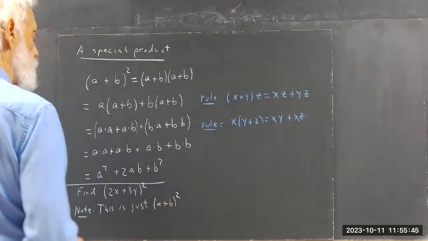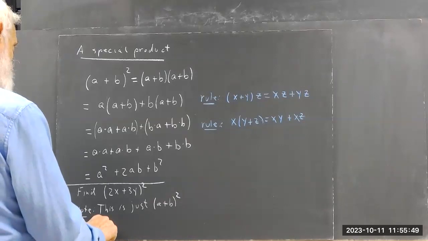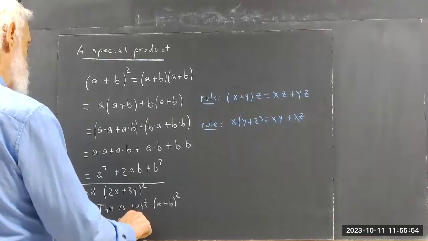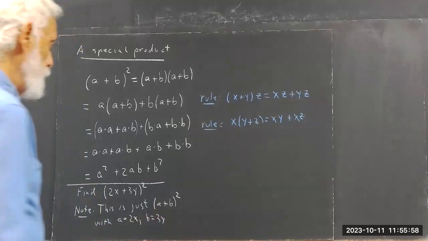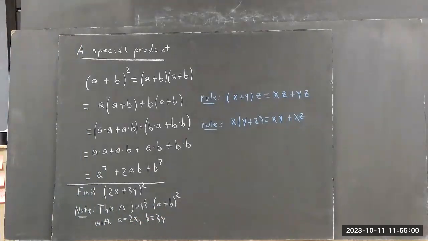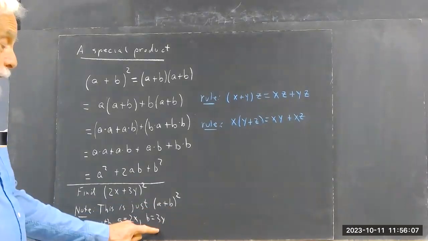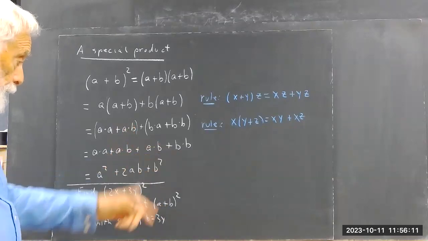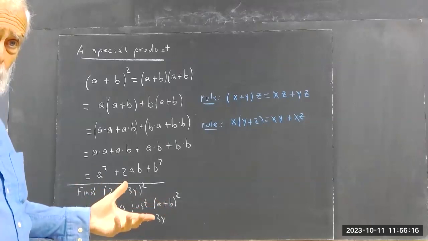This is just a plus b squared with a equal to 2x and b equal to 3y. Now, do we see this? If a just stands for 2x and b stands for 3y, then a plus b squared stands for 2x plus 3y squared. Does that make sense?